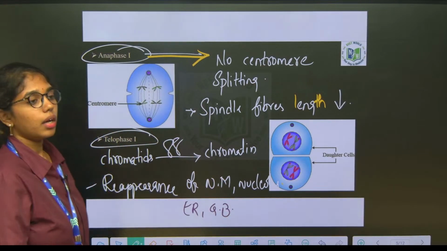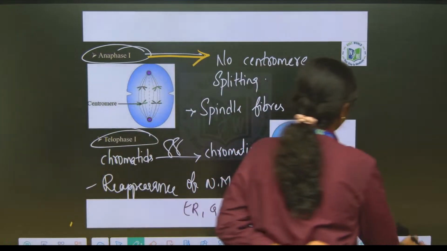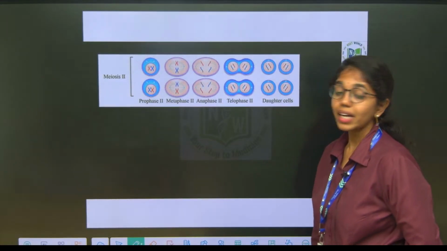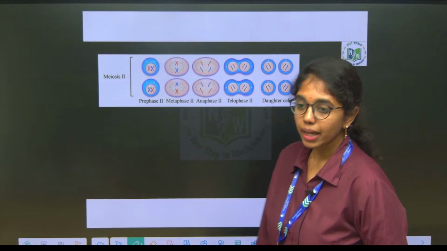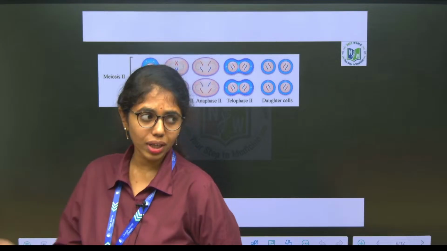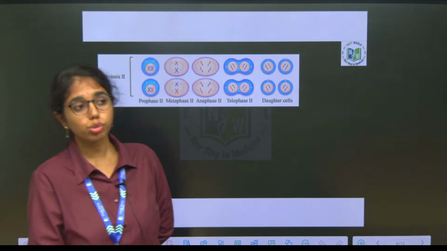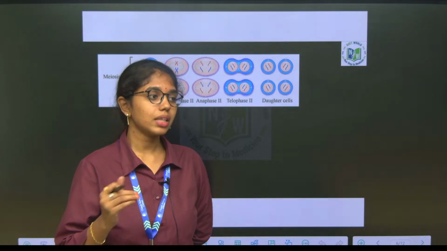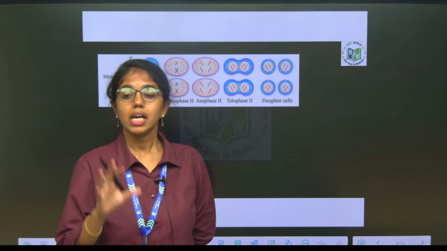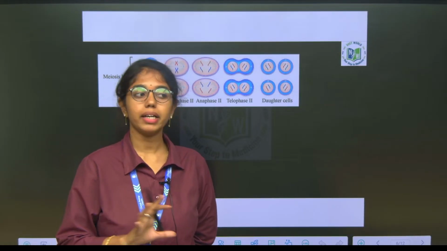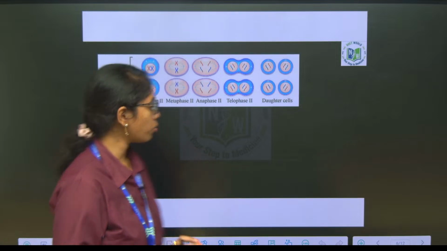Clear? With meiosis 1. After meiosis 1 there is a phase called as what? Interkinesis. In interkinesis, whichever RNA or proteins are required for meiosis 2 to happen will be synthesized in interkinesis stage. Cells are metabolically active but DNA will not get duplicated. Take down those points.